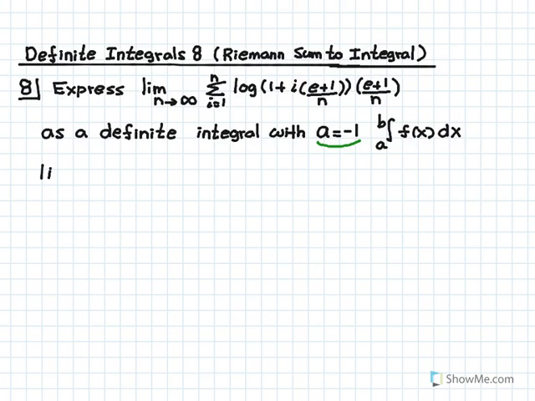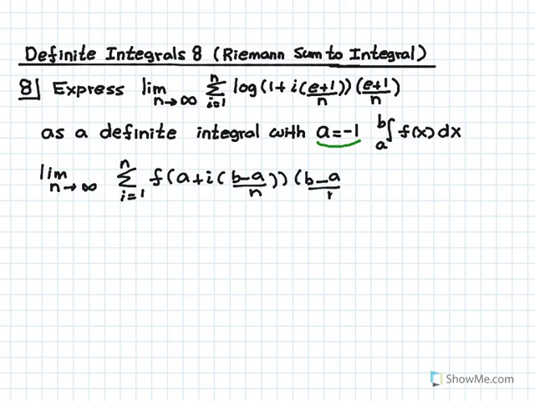That's limit as n goes to infinity, i goes from 1 to n, f of a plus i times (b minus a)/n times (b minus a)/n is equal to the integral from a to b of f of x dx.